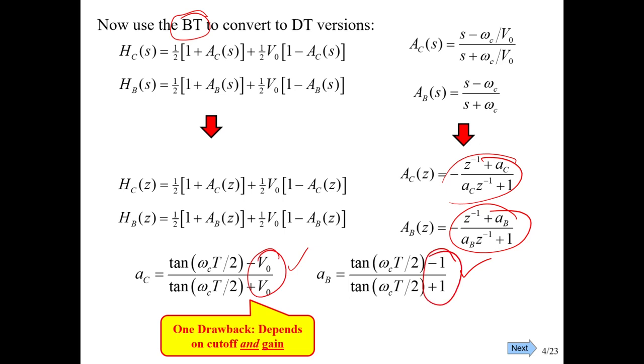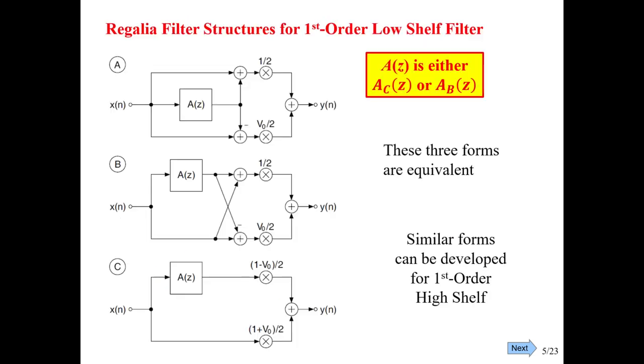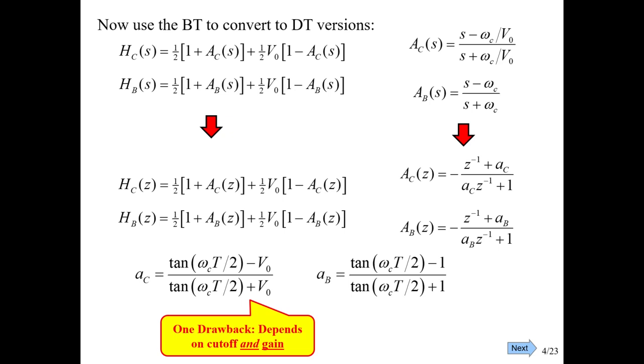Now I say that there's one drawback here, and that's that this thing has to be computed in terms of both gain and cutoff, but that's not a huge drawback. And so if we look at this equation, either one of these is fine, right?